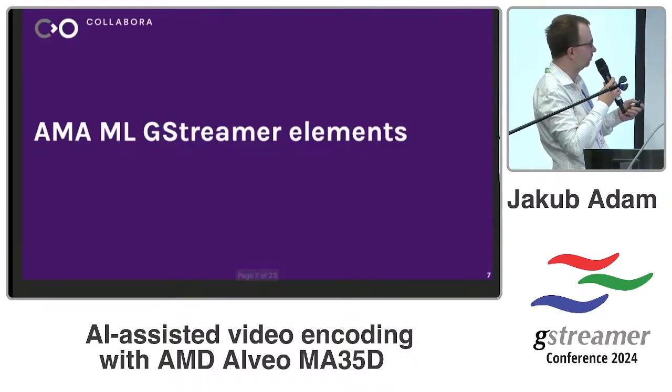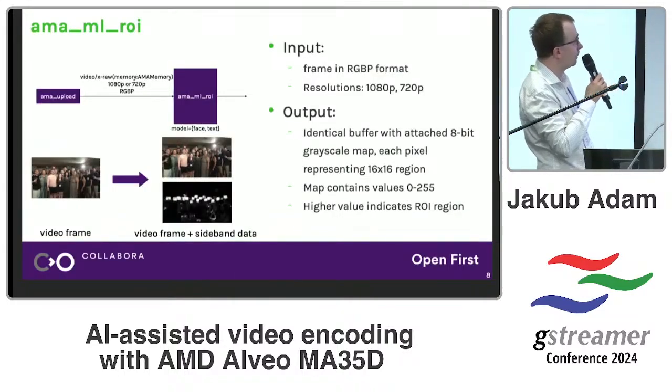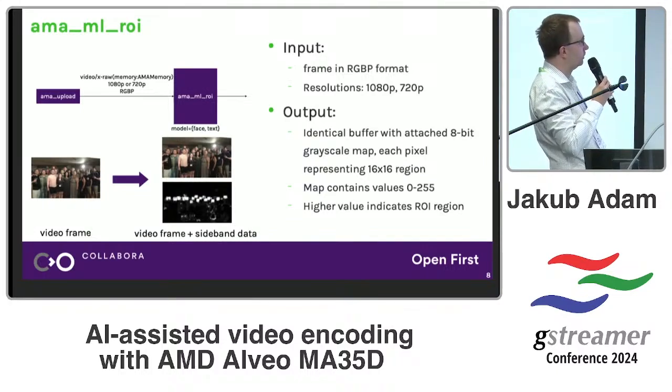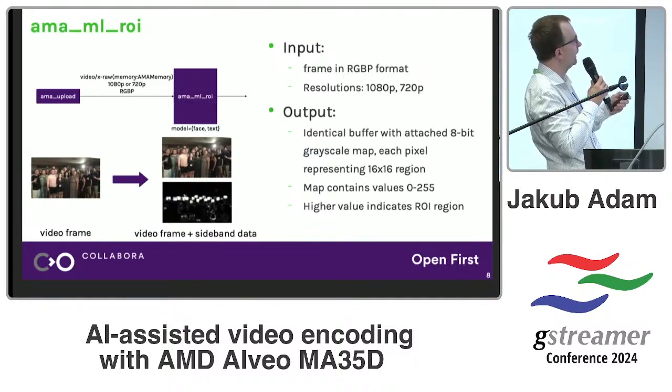So you can have a look at them. The first of the new elements is AMA ML ROI. This is the element that actually executes the machine learning model. Its input is a video frame in 1080p or 720p in RGB format that first needs to be uploaded into the hardware using the AMA upload element.